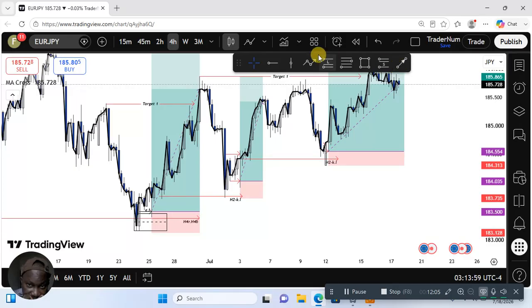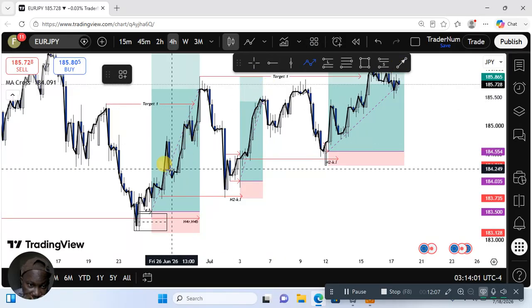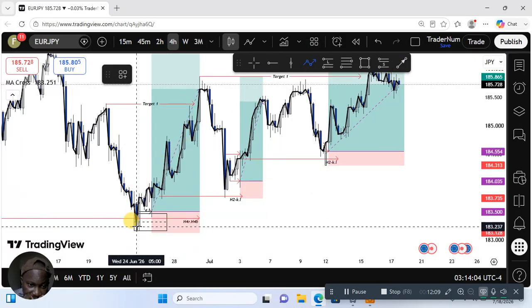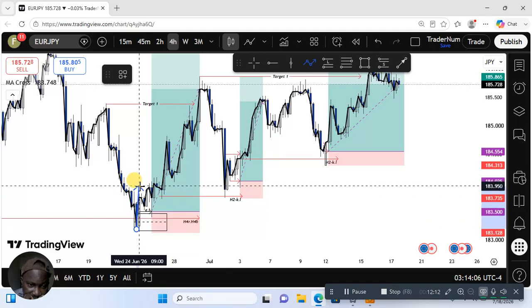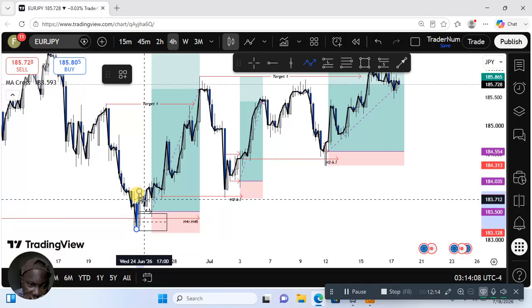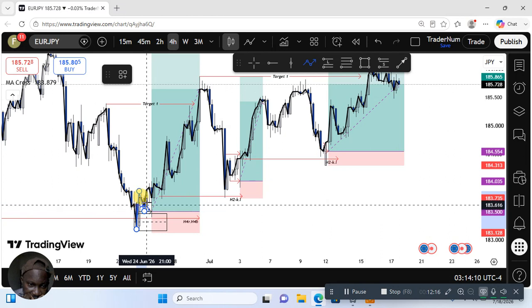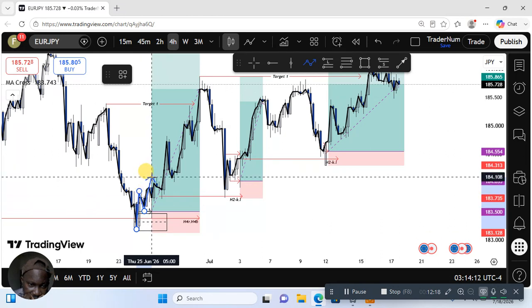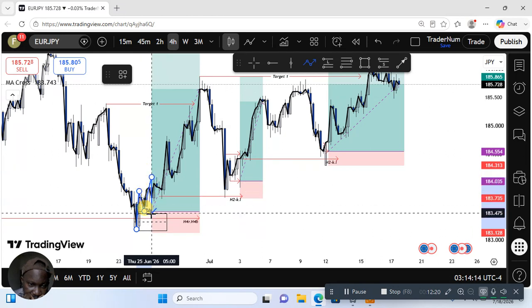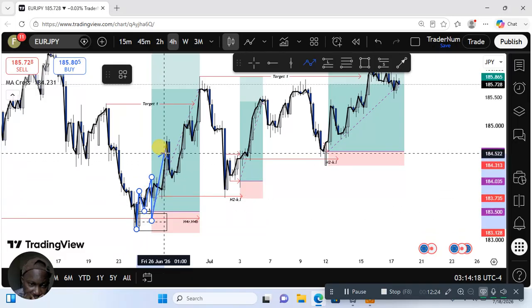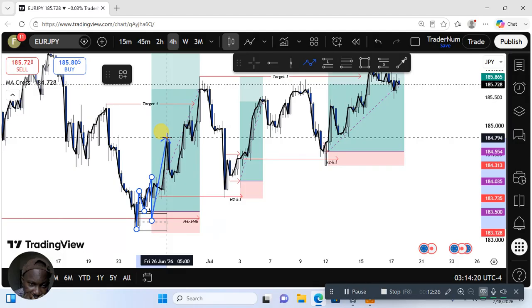This is where you have to learn how to read the market, right? Price came here, price broke that high, price swept here, liquidity sweep, went up, right? Actually, then gave us here, gave us here, gave us here, and broke.